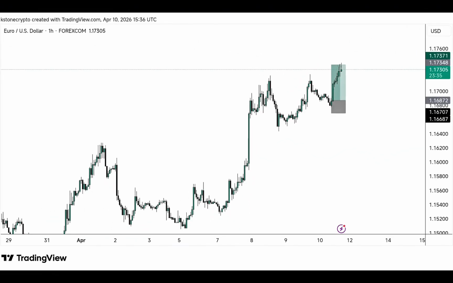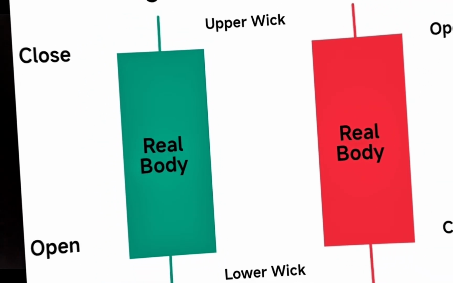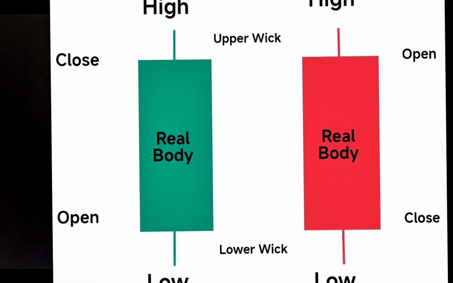Price action is simply the study of how price moves on the chart, the raw movement of the market itself. Candlestick reading is the foundation of price action trading, and it's often more powerful than depending on a bunch of indicators. Once you master this, you will start to see the market like the pros do.